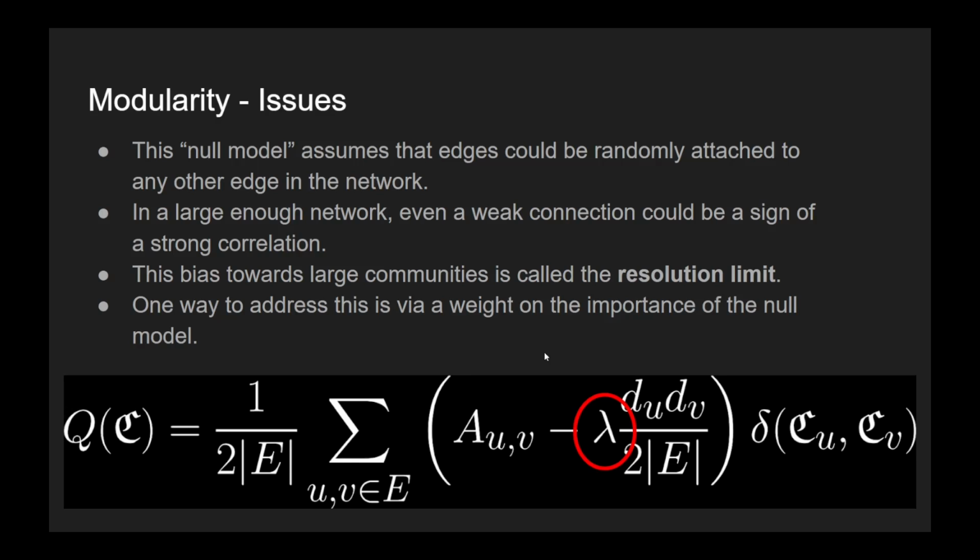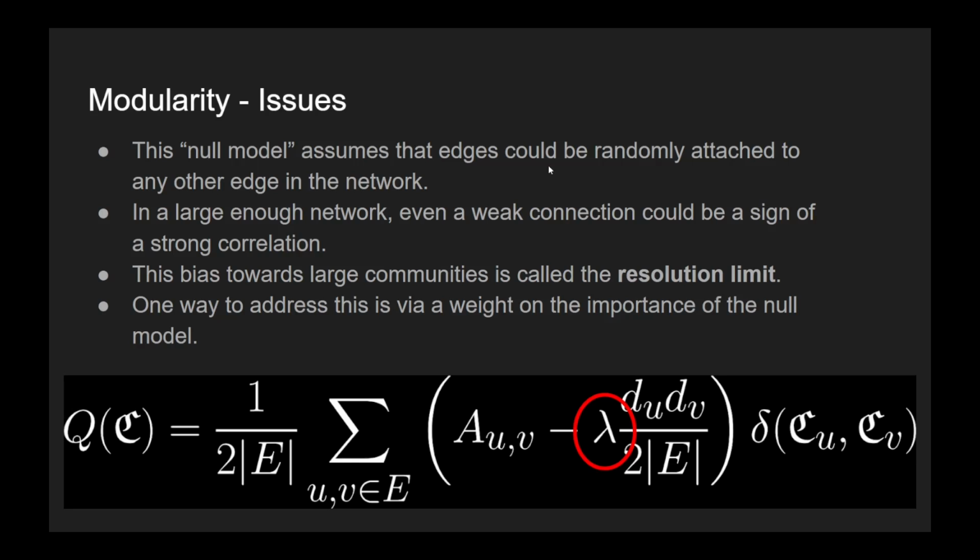Modularity is just one metric you can look at to help evaluate. Some issues are this thing called the resolution limit, which comes from the fact that we're using a model that assumes edges could be randomly attached to any other edge in the network.